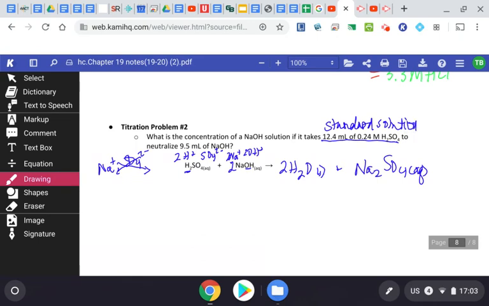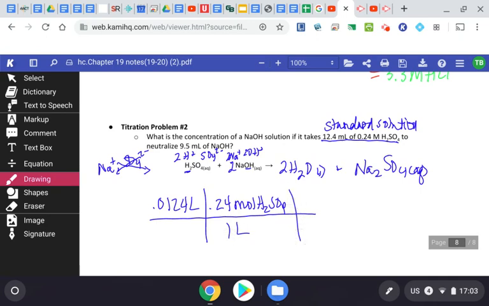We take the volume of our standard solution, which is 12.4 mL. That comes out to be 0.0124 liters. And we multiply it by the molarity of our standard solution, 0.24 moles of H2SO4 per every 1 liter.